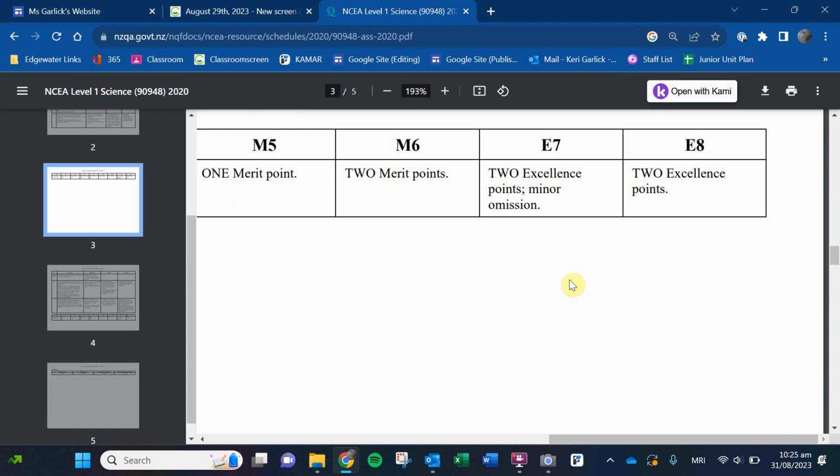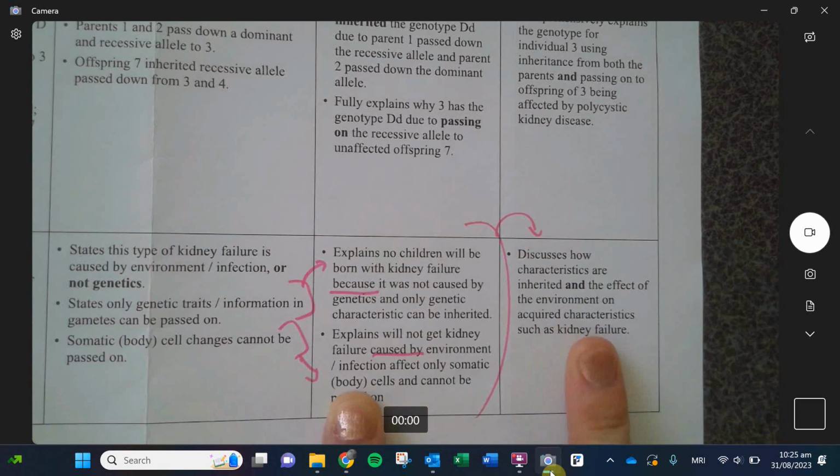What if you get 1? So if you get 1, then you would be getting an M6. Yeah. 1 and 2 merit points? So N1 is 1 merit point, N6 is 2 merit points. There were 4 total possible. But you have to remember those 4 total possible, if you got 2 of the merit points together for these questions, it often upgraded you to the excellence point. Okay?